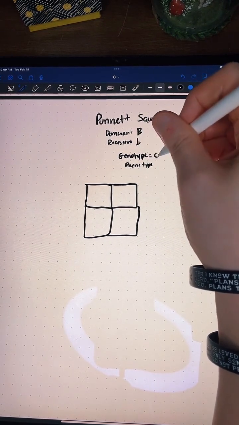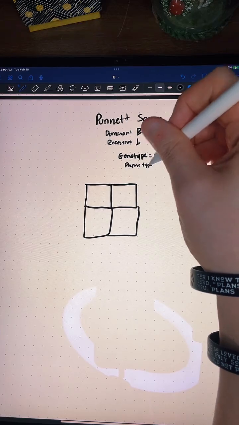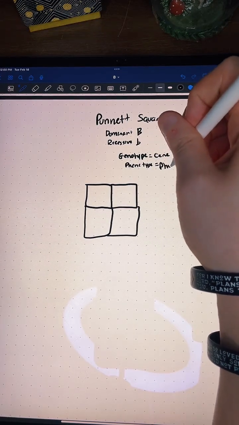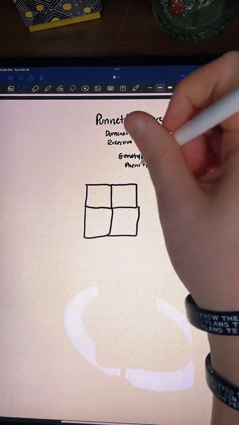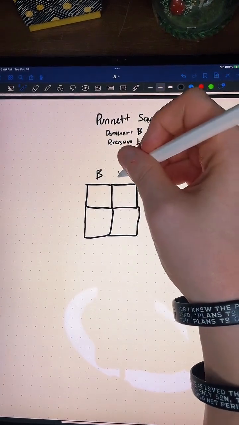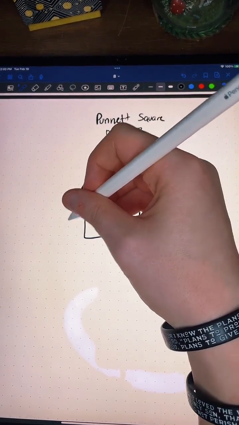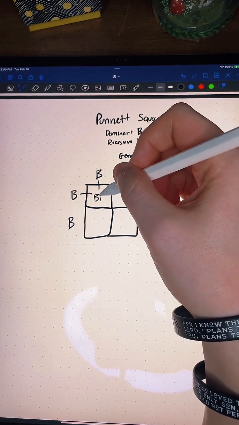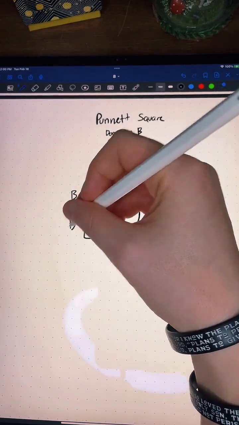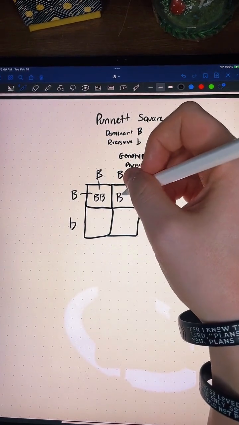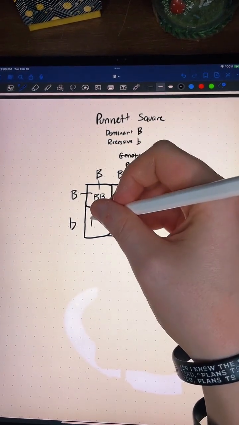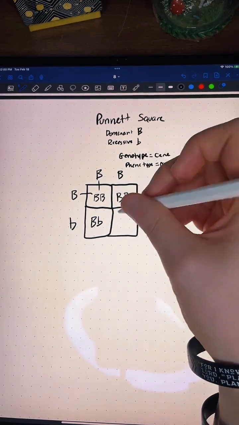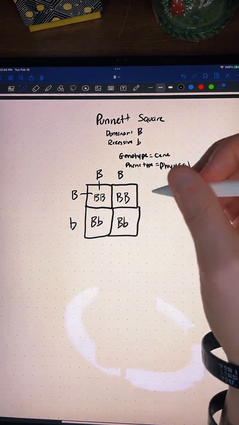I remember G for gene, P for physical, so that's what shows up in the person. Typically, it's kind of like a flowchart. So it'd be capital B, and down here is B, lowercase b, lowercase b.